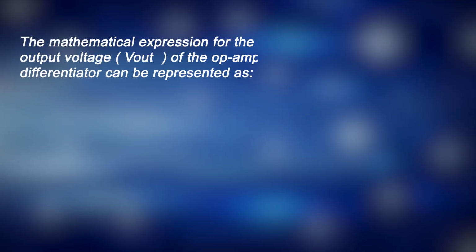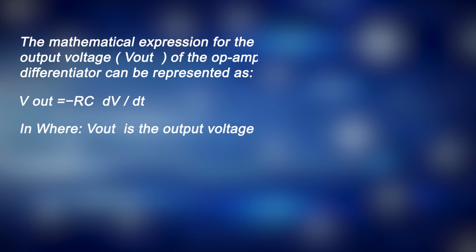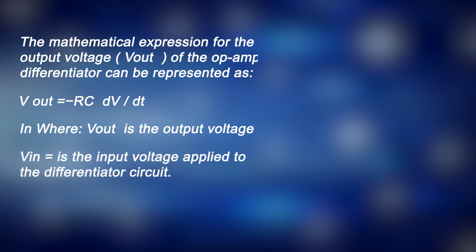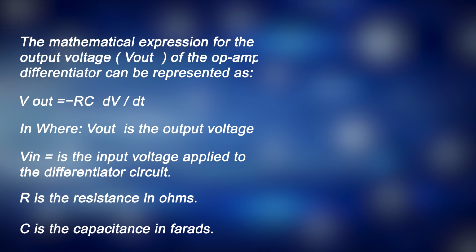The mathematical expression for the output voltage V out of the op-amp differentiator is V out equals minus R C into dV by dt, where V out is the output voltage, V in is the input voltage applied to the differentiator circuit, R is the resistance in ohms, C is the capacitance in farads, and dV by dt represents the rate of change of input voltage with respect to time.